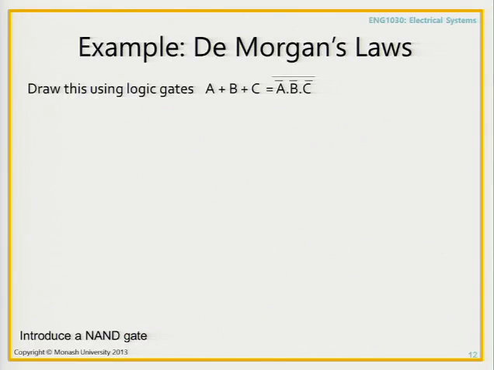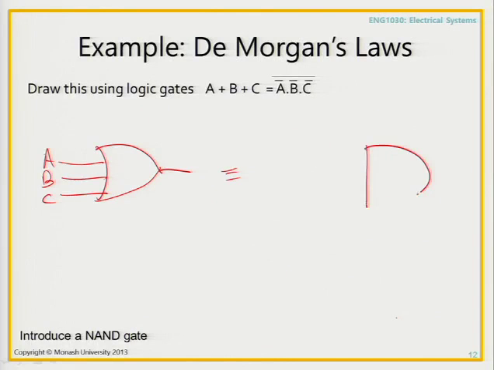If I have an OR gate and I have A or B or C here, we're saying that this is equivalent to this: not A, not B, not C. An interesting thing happens here.